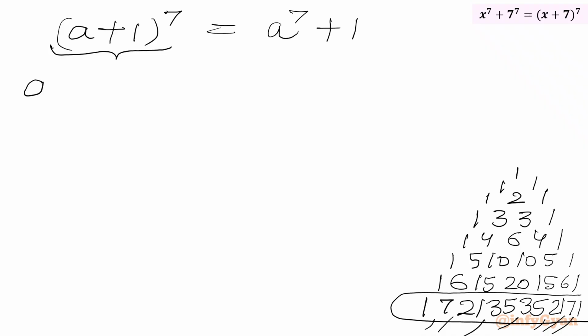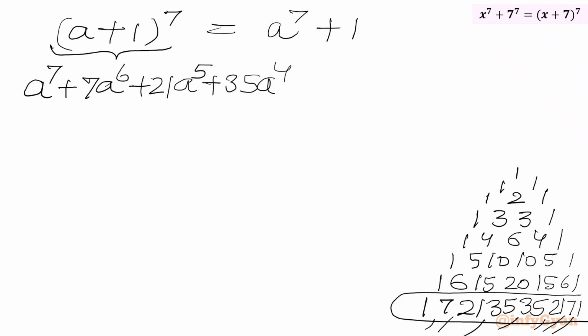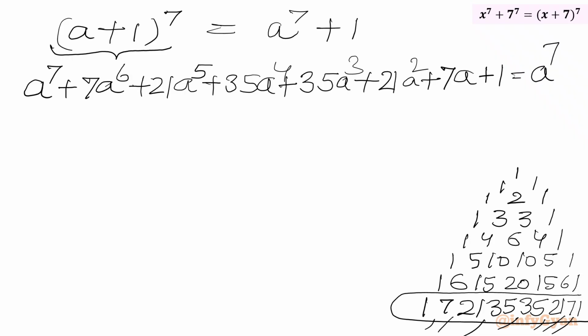I will write here a^7 + 7a^6 + 21a^5 + 35a^4 + 35a^3 + 21a^2 + 7a + 1, and the RHS is a^7 + 1.